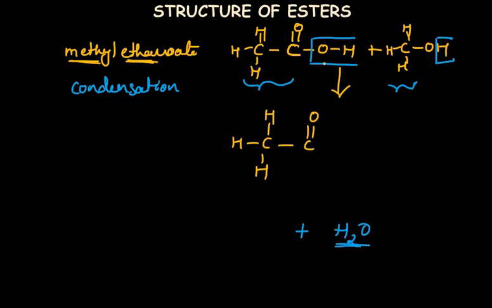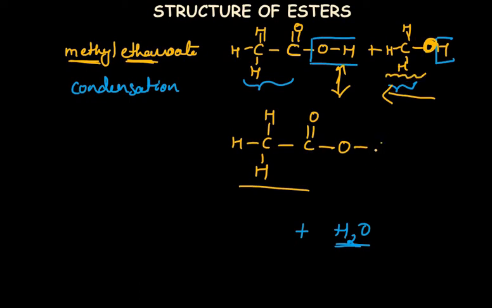So after removing the OH part, the ethanoic acid is drawn this way. Now reverse the alcohol from this direction to this direction and add it here. So I'll draw the O first here from the alcohol part, the O of the alcohol, and then the remaining carbon chain.